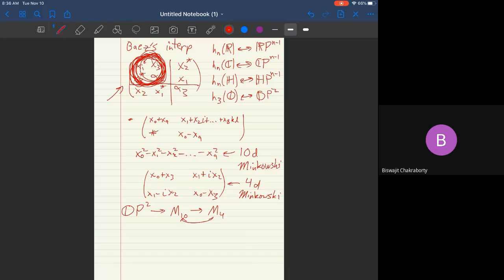So we have a 4D Minkowski space embedded in 10D Minkowski space, which is in turn embedded in the octonionic projective plane. And the statement is that the subgroup of the automorphism group of the algebra that preserves that chain of embeddings is the standard model gauge group.